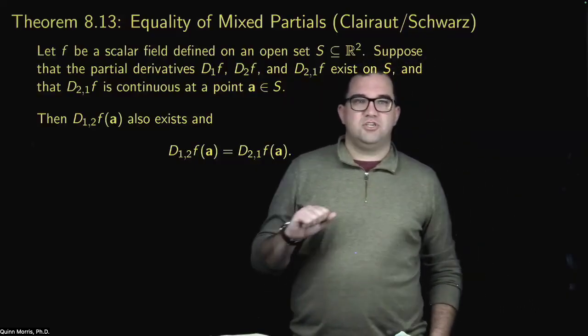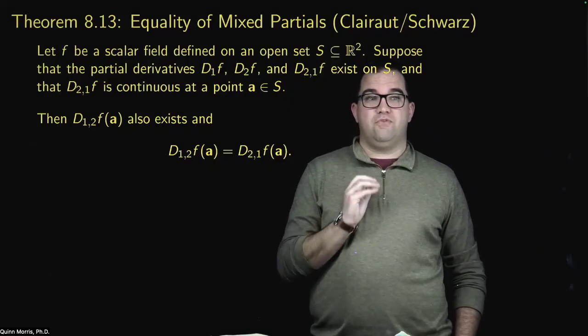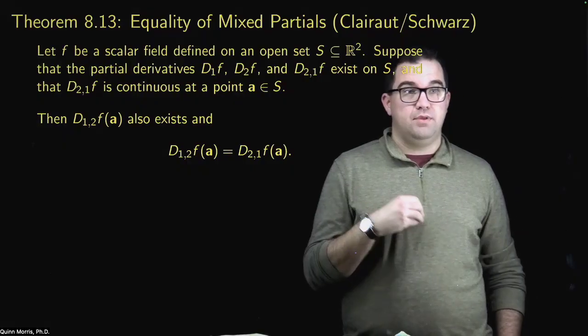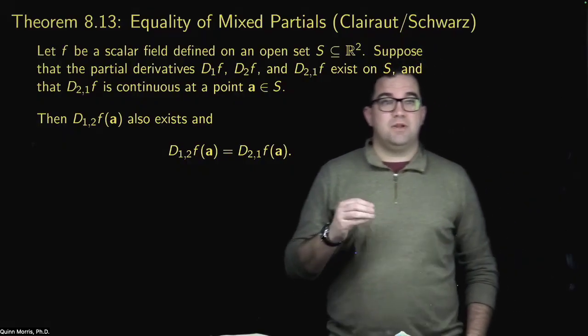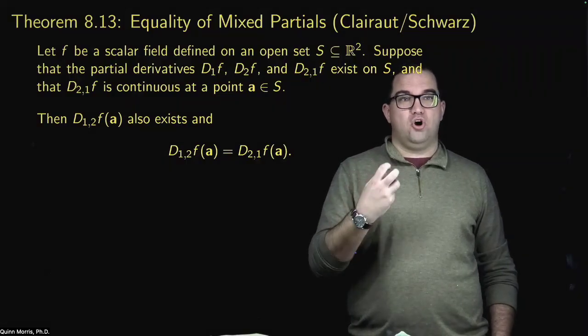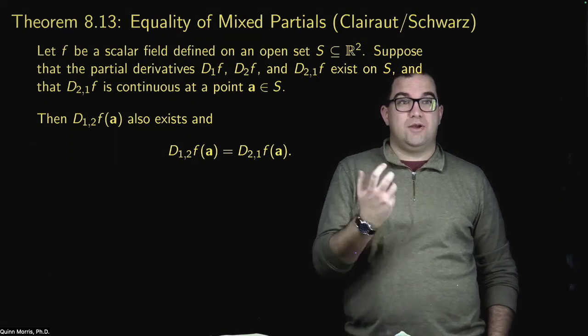So what I actually want to do when we go to prove this theorem is prove a slightly weaker version of it. When I say a weaker theorem, that typically means I'm going to make stronger assumptions. Making stronger assumptions means that my theorem applies in fewer cases, so it's weaker.